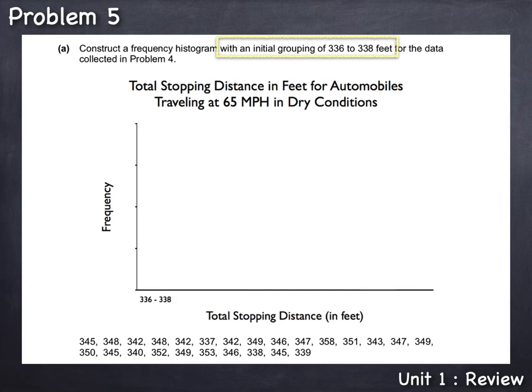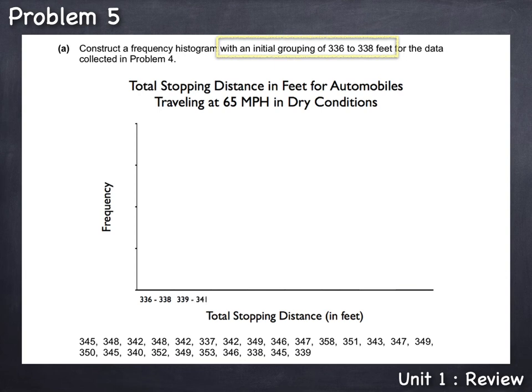So to fill out the rest, since the first group starts at 336 and ends at 338 feet, the next group needs to start at the next measurement over from 338 feet. So since it ends at 338 feet, the next group starts at 339 feet.